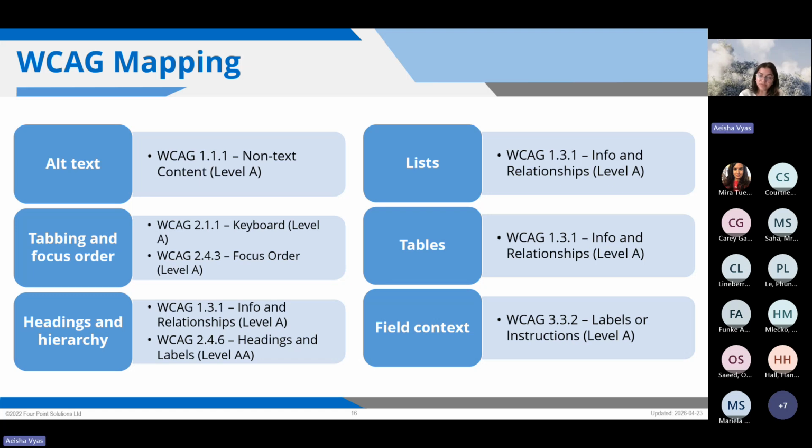When we fixed tabbing and focus order, that maps directly to WCAG 2.1.1 and 2.4.3. These criteria ensure that users can navigate forms using a keyboard and that focus moves in a logical, predictable way.